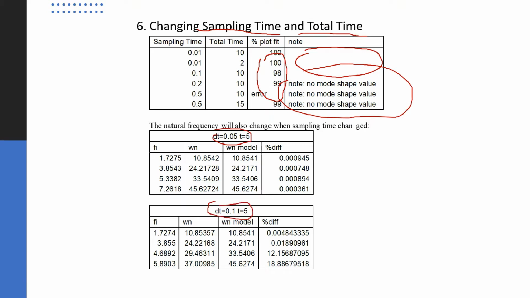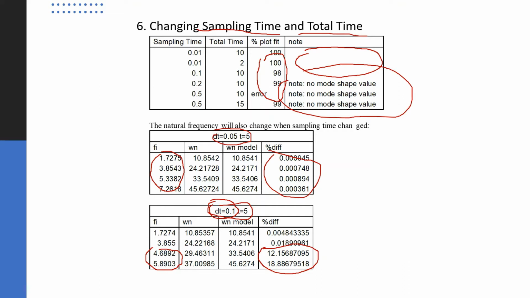When the sampling time is set to 0.05, the frequency calculated by MATLAB seems very accurate, as accurate as what we got from the sampling time of 0.01. However, when the sampling time is set to 0.1 second, the vibration mode with the higher frequency, as we can see in the circle, has a very large percentage of difference.